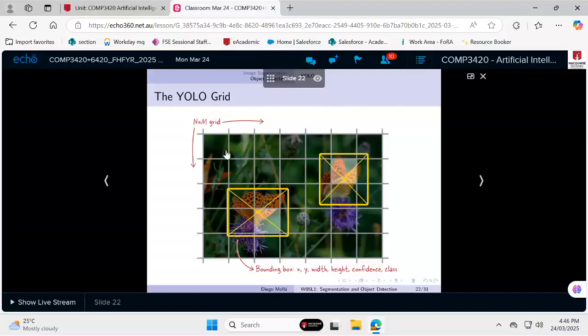Because every cell in this grid tries to find bounding boxes, but maybe a particular element from the grid will find a bounding box, but say, oh, the confidence is 0.01. I'm not very confident that the bounding box I'm highlighting here is a good one.